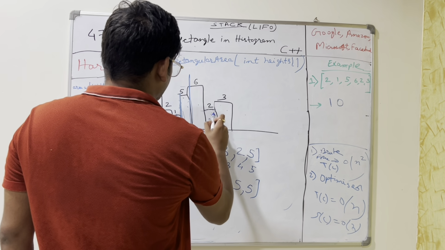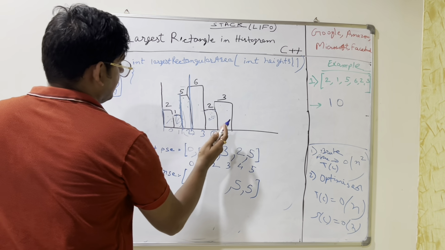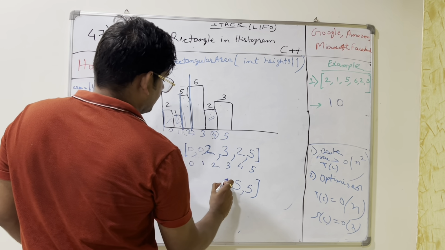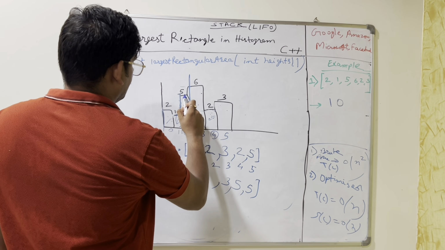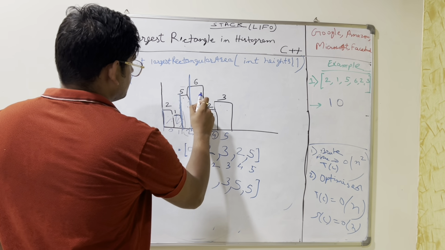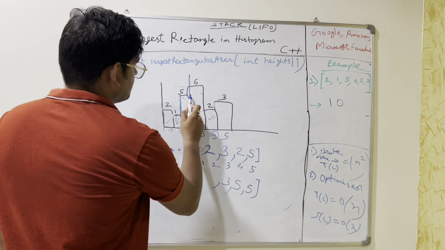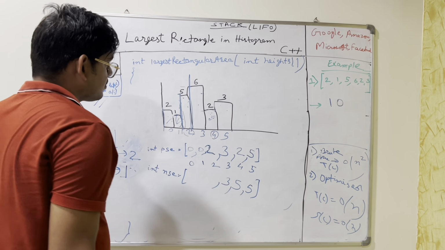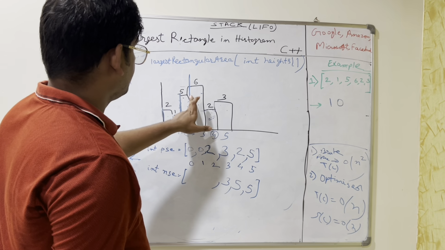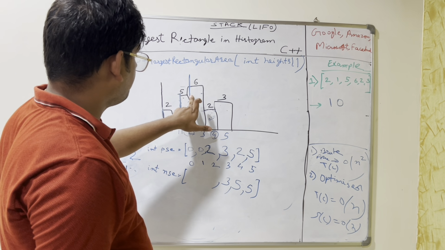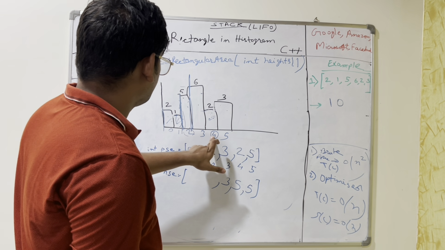So for 6 we have the next smaller element, its index is 4, so here we will decrement it. 4 minus 1, 3. For 5 we push this, the next element greater is 6, so we don't have the next smaller. The next smaller is this 2. This one is greater, so then we pop this out, and we see this is smaller than 5. Its index is 4, so 4 minus 1, 3.